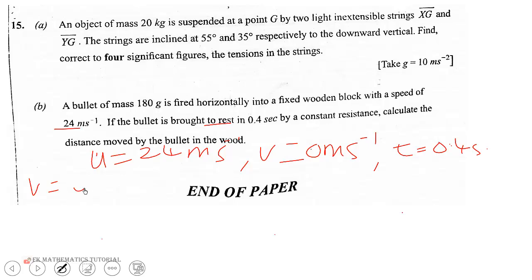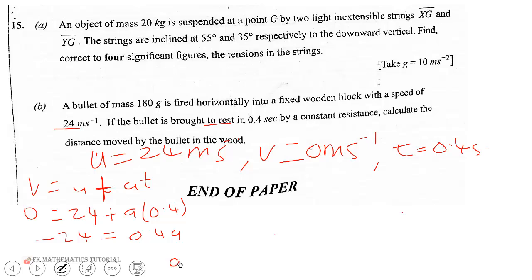v equals u plus at. So v is 0, u is 24, plus a, which we don't know, so that is what we are calculating, times 0.4 seconds. So negative 24 is equal to 0.4a. So a will be equal to negative 24 over 0.4.